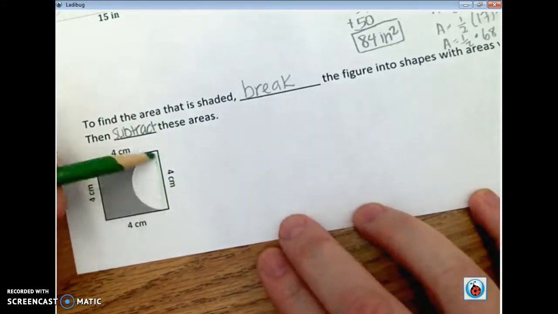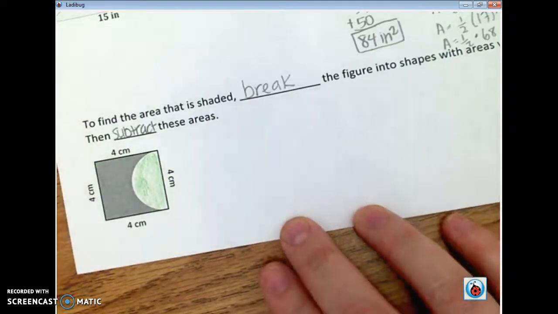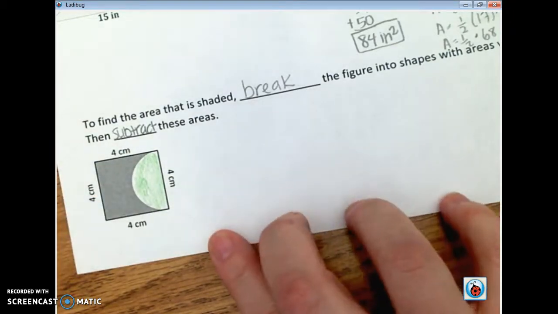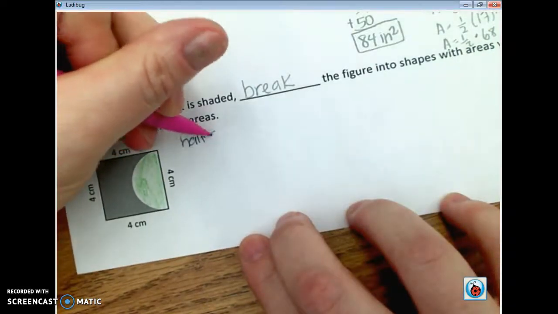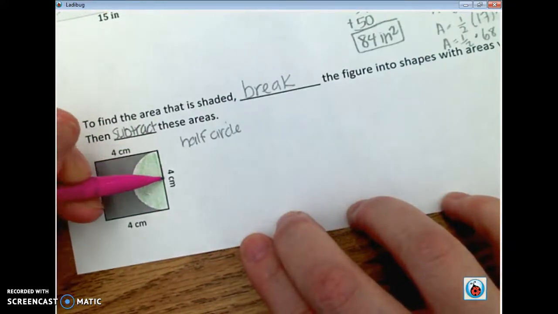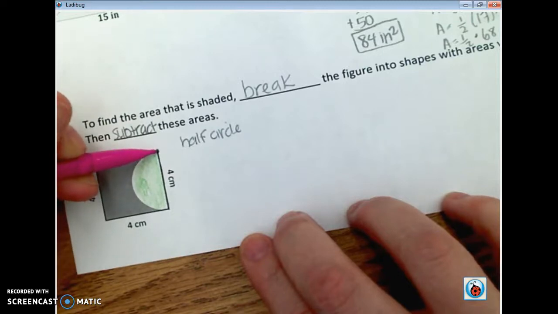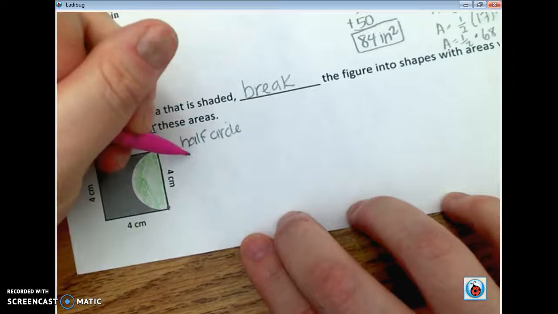So I'm actually going to go ahead and color it. So let's take a look at just this white shape. What do you notice? Okay, it's a half a circle, a semicircle. All right, we'll just write half circle for now. Okay, and also what else do you notice? Well, here, the distance from one edge of the circle to the other edge, that's called our diameter.